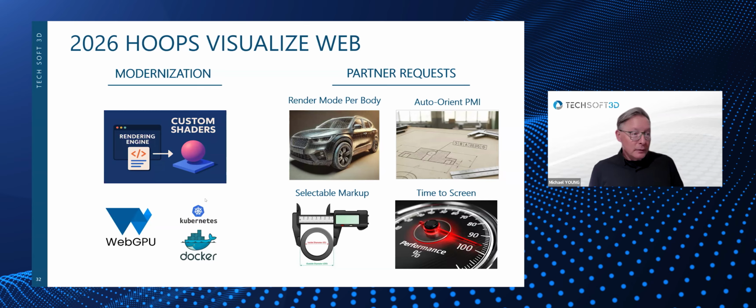And the third component of our modernization effort is to provide the Hoops Visualize components in containers that can then be orchestrated. This is being driven from the cloud application development market, which is less focused on individual low-level software development toolkits as Visualize Web traditionally has been. We want to provide the toolkit in a form that is easy to use off the shelf.